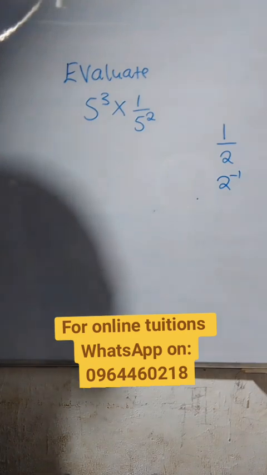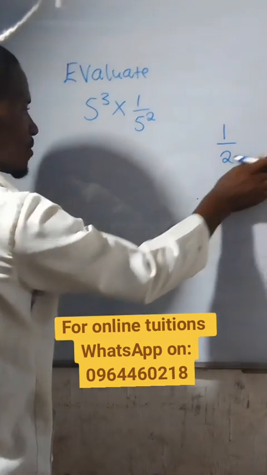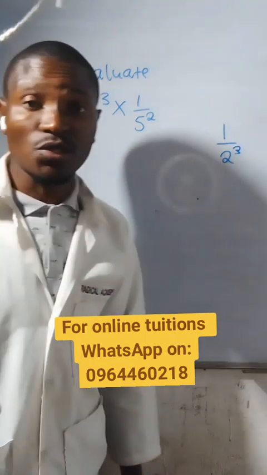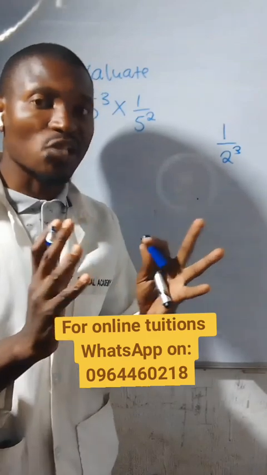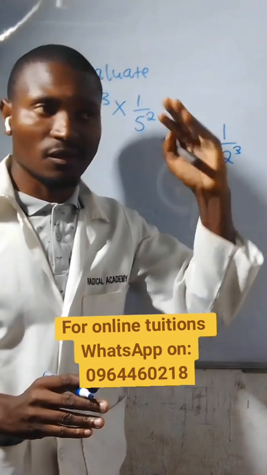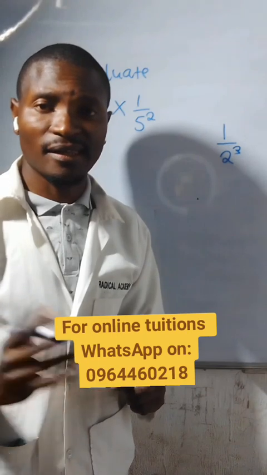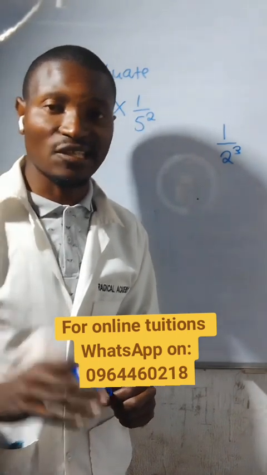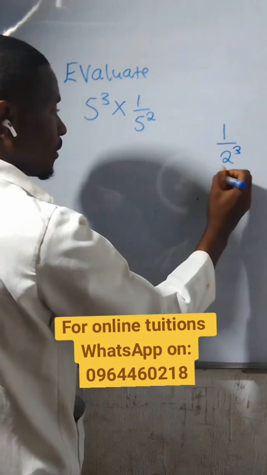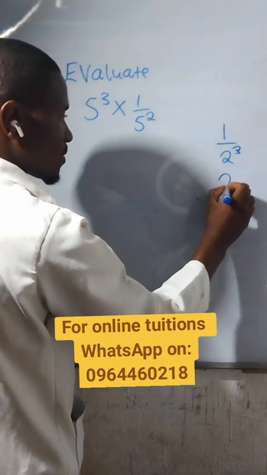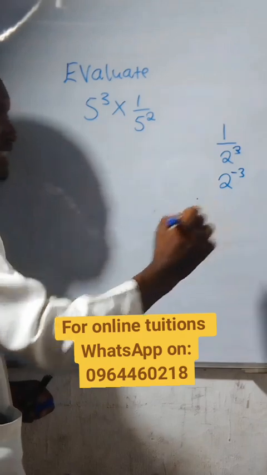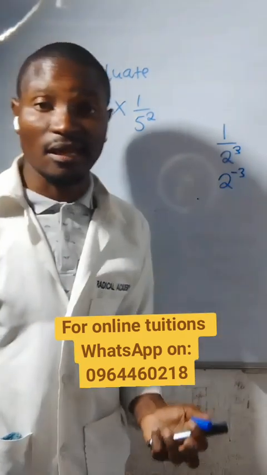Again, if the denominator is also raised to a power, anything that is a fraction, as long as the numerator is 1, tells you that it is a negative index. So you can just ignore the 1, then write 2 to the power minus 3. The 1 implies that it is a negative index, okay?